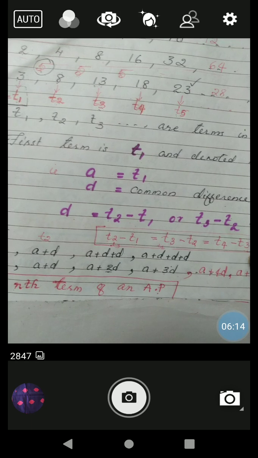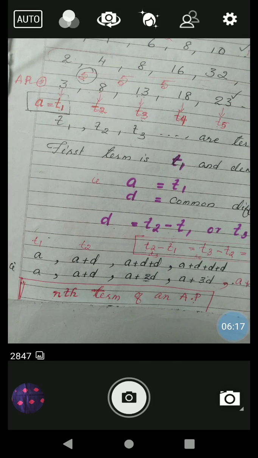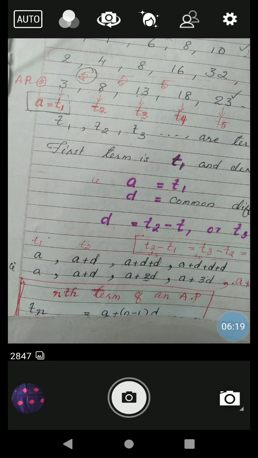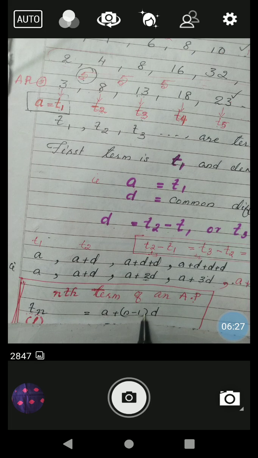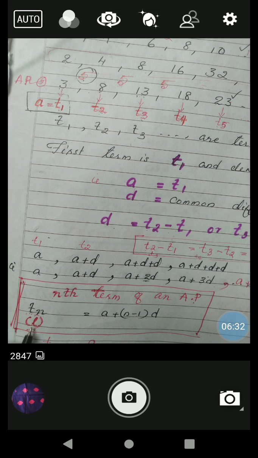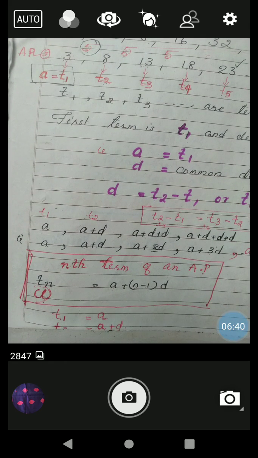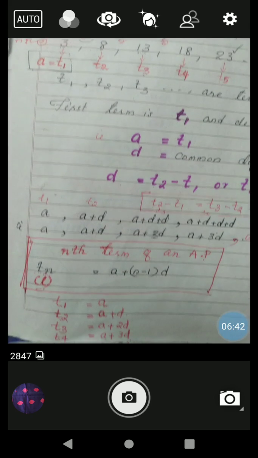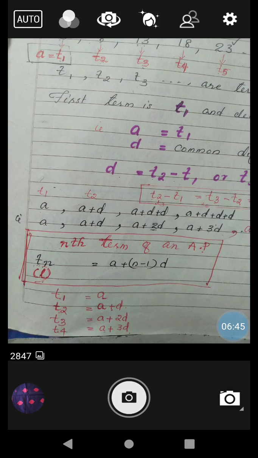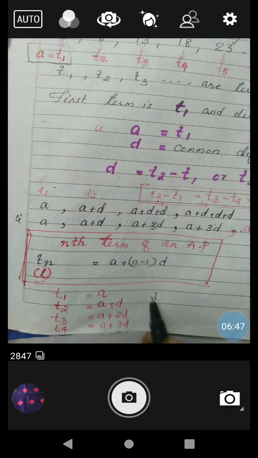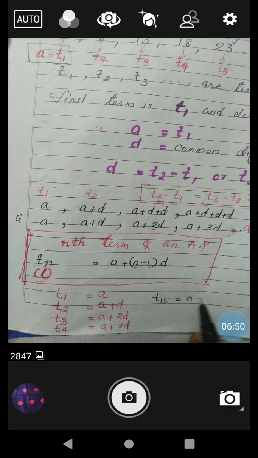Like this, we can make a formula for the nth term of an AP. How can we find the formula? Tn, that is A plus, just the previous, n minus 1 into D. Tn is the last term or nth term. Now T1 is A, T2 is A plus D, T3 is A plus 2D, T4 is A plus 3D, and T15 is A plus 14D.